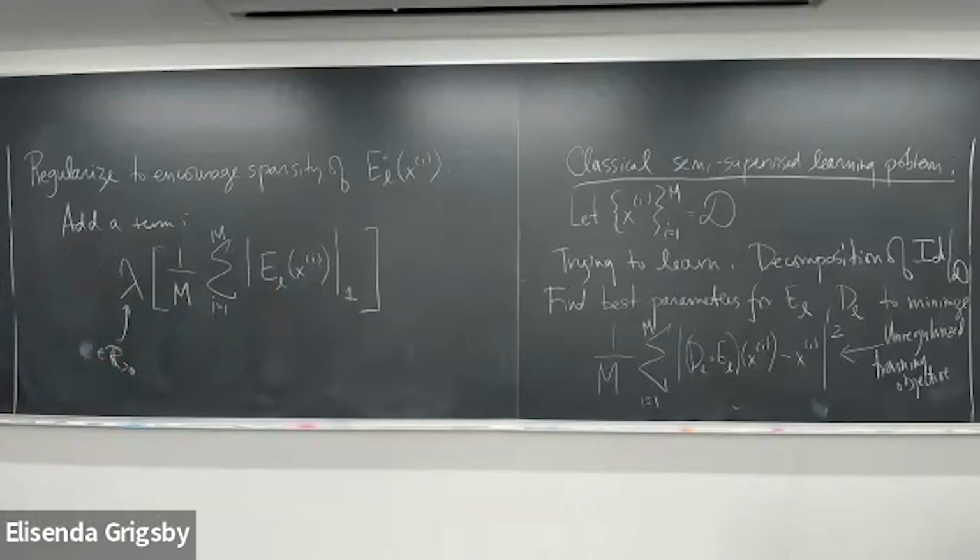So again, there are no guarantees, by the way. What they did is just some process that worked pretty well. And there was no guarantee that it was going to give you an S-sparse solution or an S-sparse dictionary or anything like that.